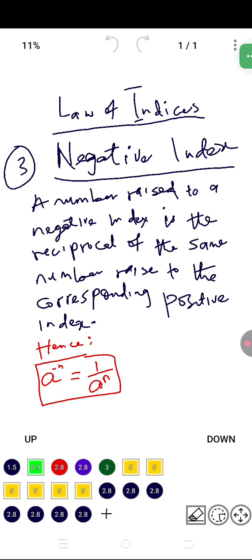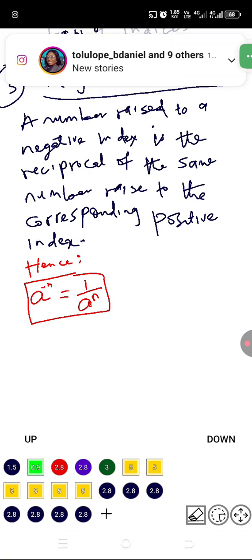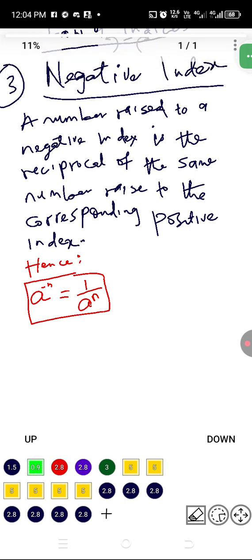Remember, I said index means power. So when a number is raised to a negative power, that is a negative index. It is equal to the reciprocal of that number raised to a corresponding positive index.